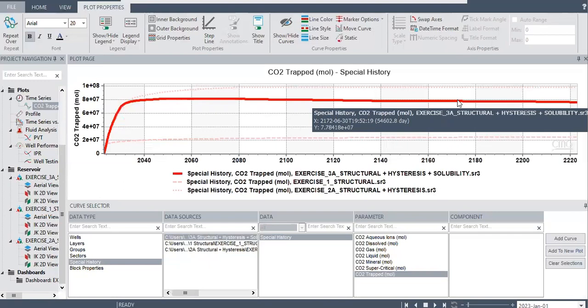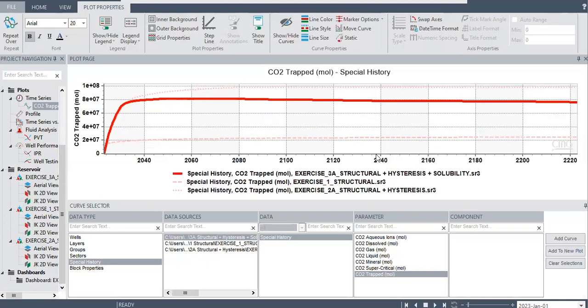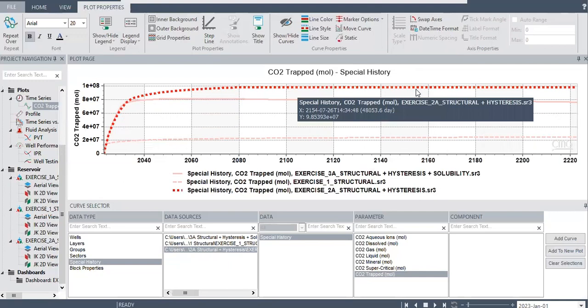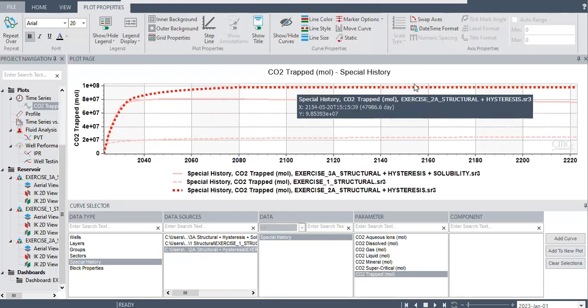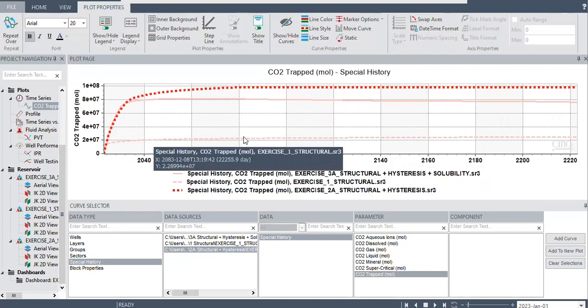It will be dissolved into the water instead of staying in the pore spaces as residual CO2. So that's why you have less CO2 trap in the case of solubility trapping than in the case of hysteresis without solubility trapping. Okay, so it's very, very interesting.